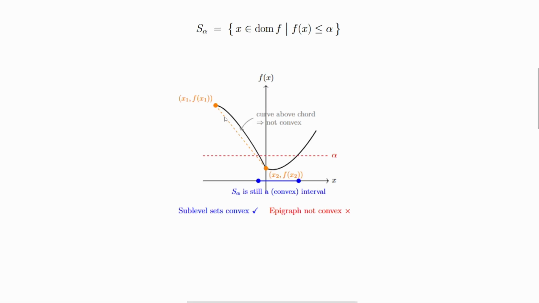You pick two points here and you find the middle point is not in the set, so it's not a convex set. At the same time, you take the alpha sublevel set and you take the inputs, and of course it's just a line, so it's a convex set. So we see that the sublevel set is convex, but the epigraph is not convex.